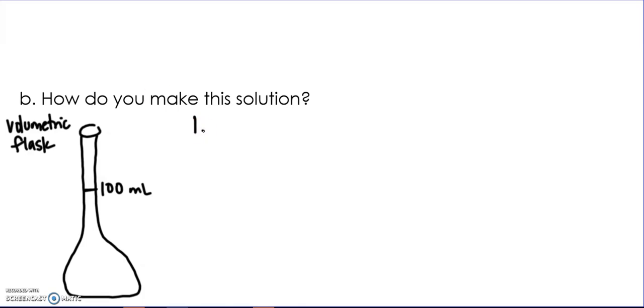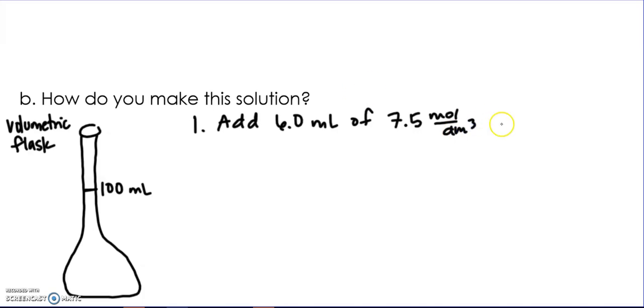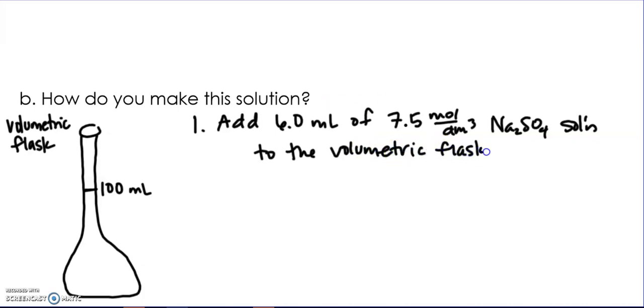So step number 1 will be to add 6 milliliters of 7.5 moles per decimeter cubed sodium sulfate solution to the volumetric flask. So I would add this little bit right here.